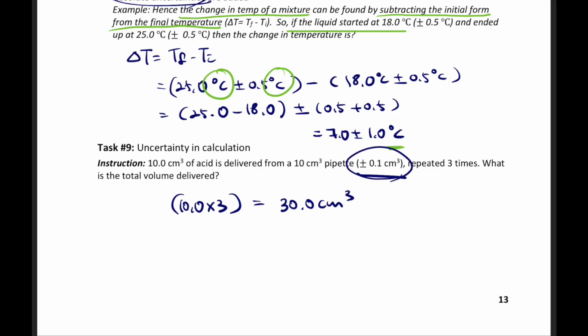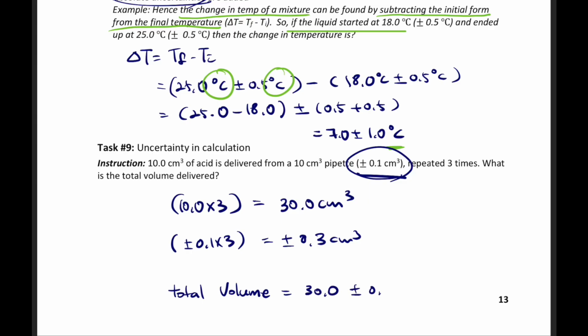For the uncertainty, since we are adding it 3 times, it is 0.1 times 3, so plus minus 0.3 cm³. So the total volume is 30.0 plus minus 0.3 cm³.